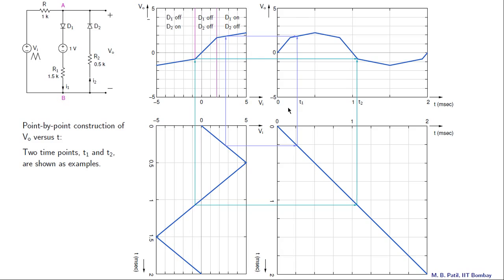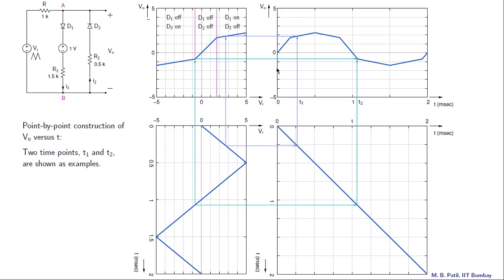Let us show that using an example. Let us consider this particular point on the Vi of t graph, and let the time here be t1. So that is given by whatever this number is, and let the Vi value be given by Vi1. So that means this number. So this point here is t1 Vi1. Now corresponding to this point, we want to find t1 Vo1 in the Vo of t graph.